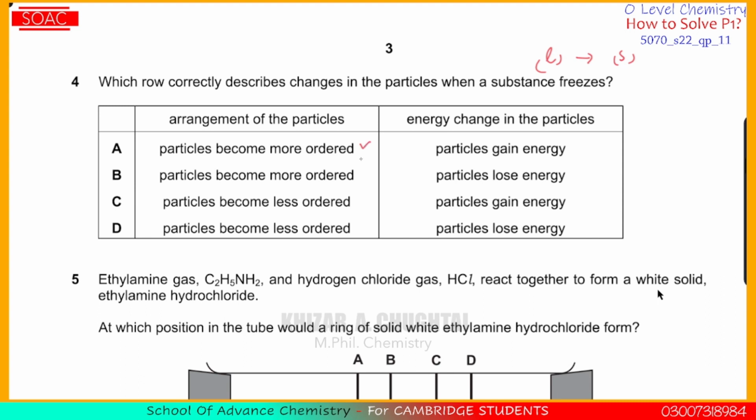So either A or B may be the correct option. Energy change in the particles when the liquid becomes solid: energy is lost by the particles and they are going to be in a low energy state. So particles lose energy, they become more ordered, and B is the correct option.